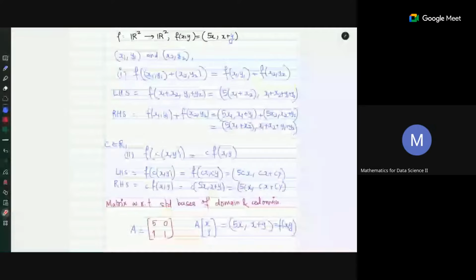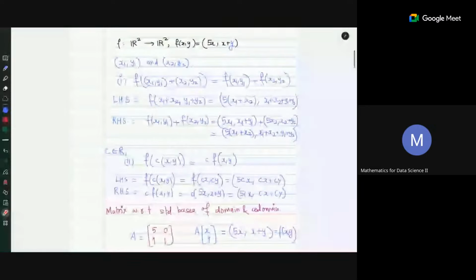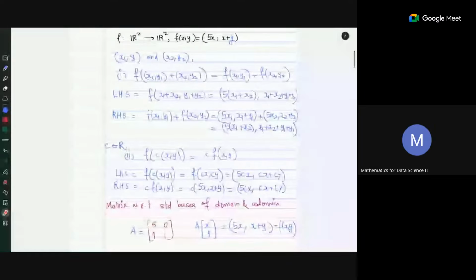For that, we use a basis. You might see that I've written the matrix with respect to the standard basis of domain and codomain. What does this mean? What is the domain of the map?